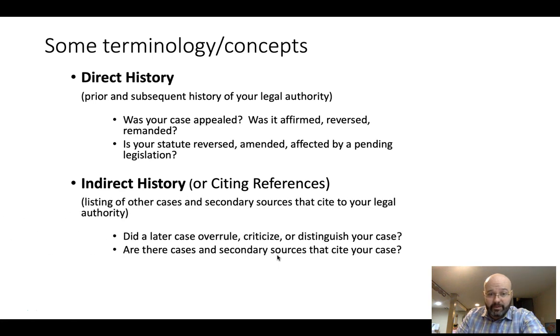That's where you have listing of other cases, secondary sources that cite to your legal authority. So you could have a later case that overrules, criticizes, or distinguishes cases, secondary sources that merely cite to your case. So keep that terminology in mind. I'm sure you'll see it as you navigate on Westlaw or Lexis.